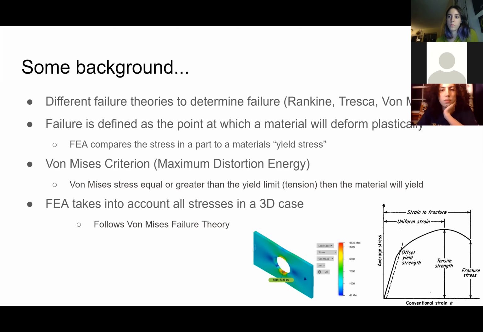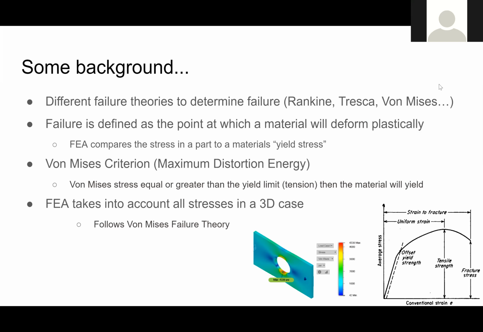So when a part has a load put on it and then it deforms permanently, that's when we define it as failure. The von Mises criterion is basically simulating all those forces for a given geometry to see if any of the stresses exceed a yield stress. And if it does exceed that yield stress, it means the part has failed.